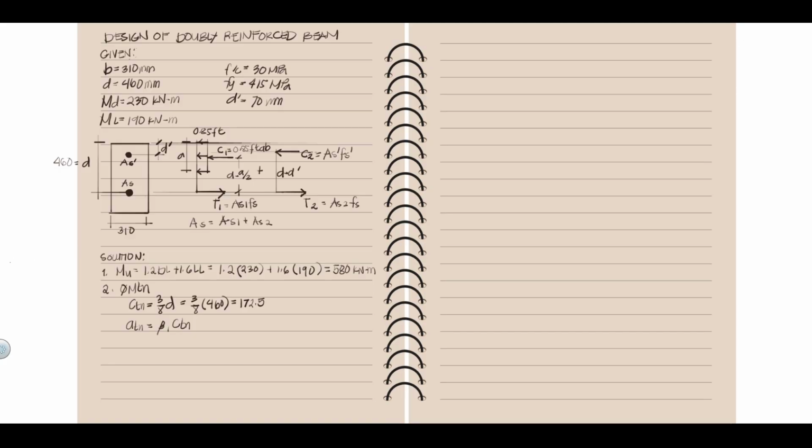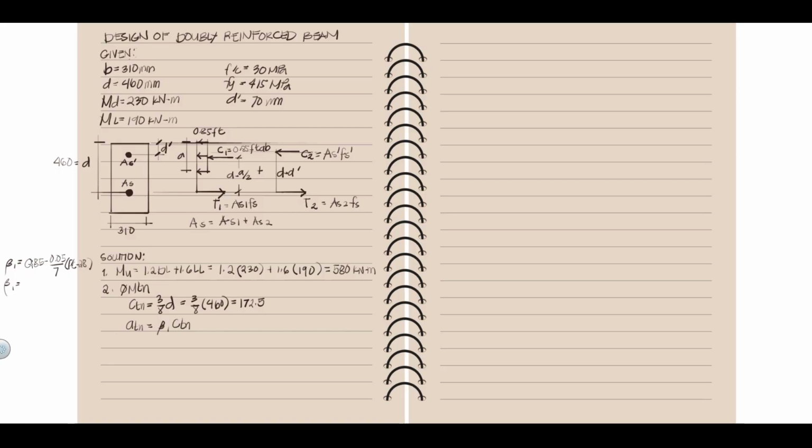From the formula, beta 1 is equal to 0.85 minus 0.05 over 7 times F prime C minus 28. It must be less than 0.85 but greater than 0.65.